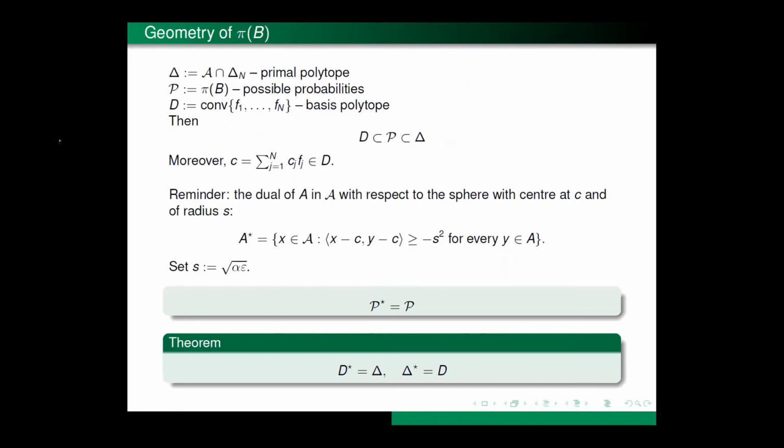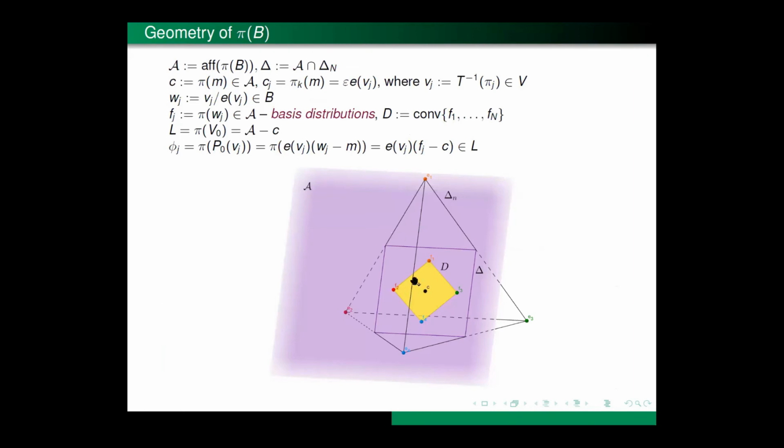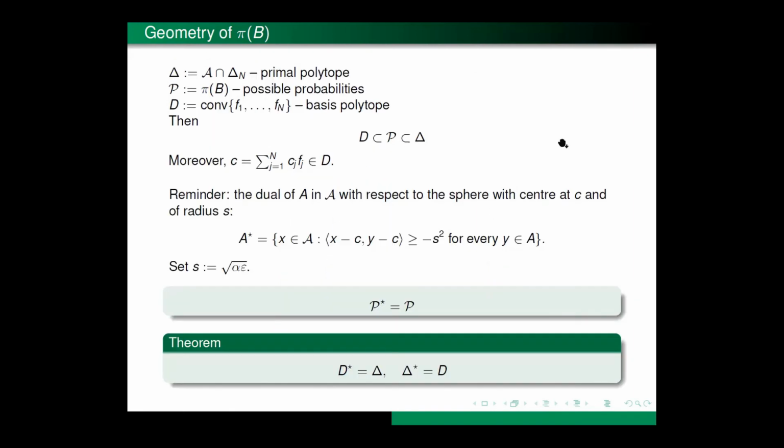Now a very important observation here, which is something new with respect to the geometry we already had in this state space in V. We've got these two polytopes, the so-called primal polytope, that was this delta here, and the second polytope D, and somewhere in between we've got these possible probabilities.